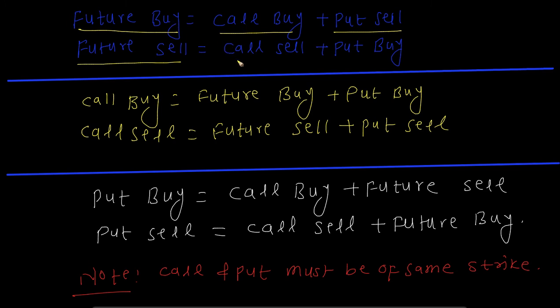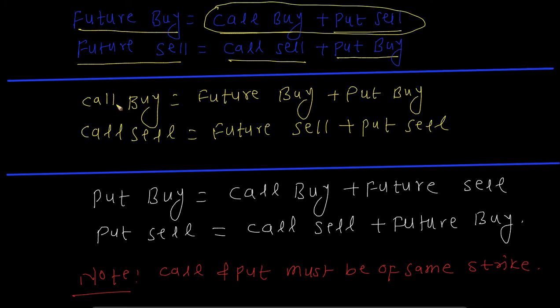In future sell we will have call sell and put buy, just the opposite, because this is a future buy. So that is how we can deduce the formula for future sell. This is the synthetic future formula. We are making a future from call and put.